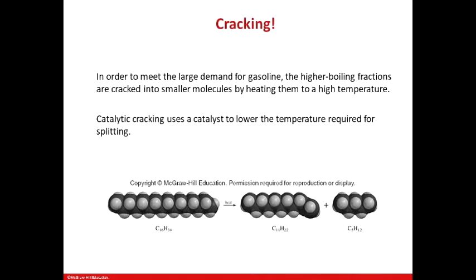Catalytic cracking uses a catalyst to lower the temperature required to split it. Why? If it doesn't, you have to put in more energy. So catalysts are used, and you're about to be introduced to catalysts on the next slide or two. Catalysts are used to lower the energy required to transform fossil fuels into useful materials. We want to transform those fossil fuels into useful materials, so we use catalysts.